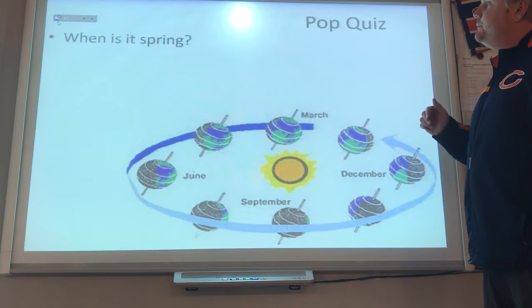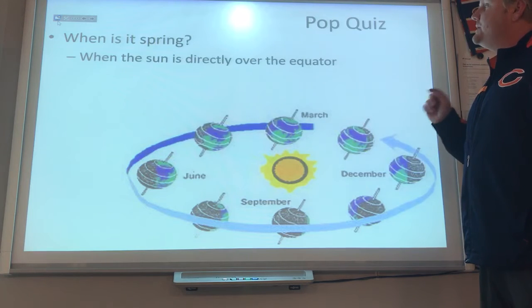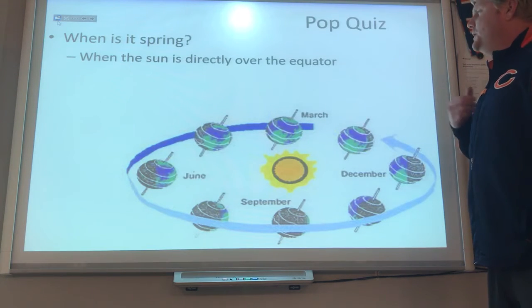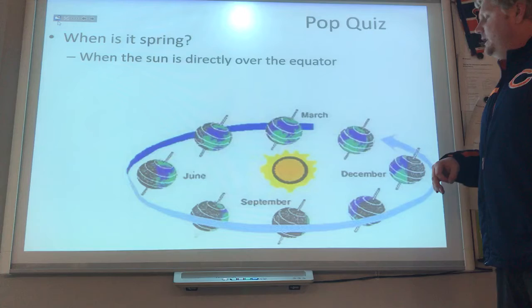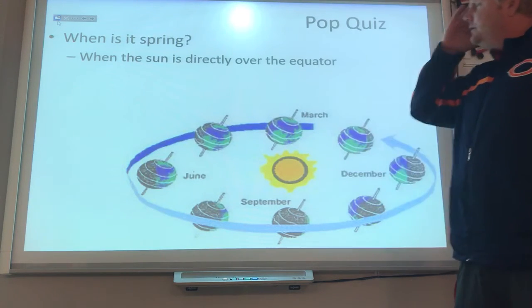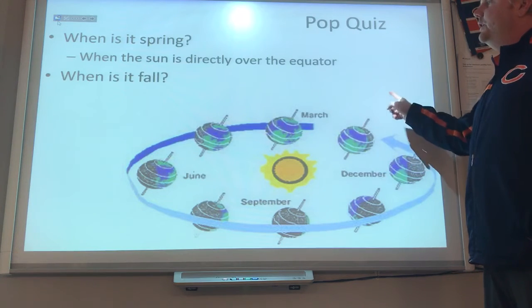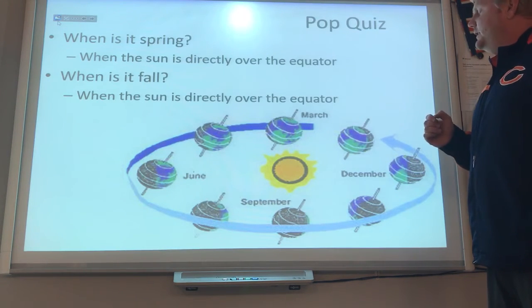Pop quiz. When is it spring? When the sun is directly over the equator. So it could be spring in March or September. How could it be both? When is it fall? When the sun is directly over the equator.